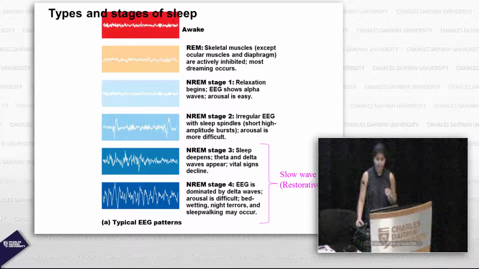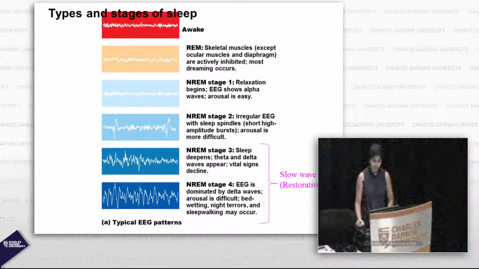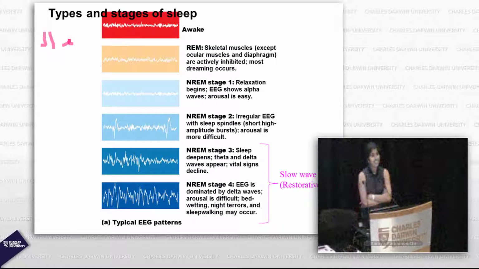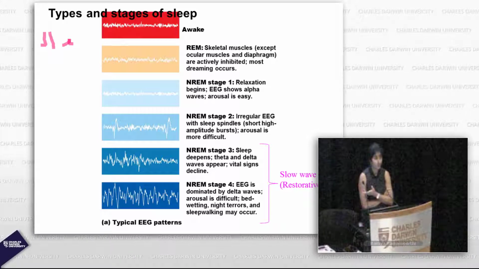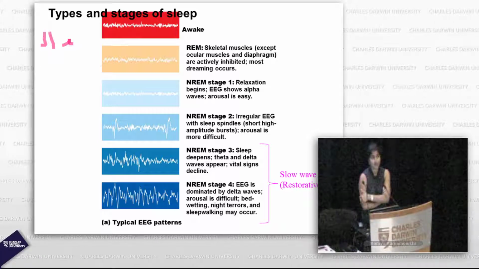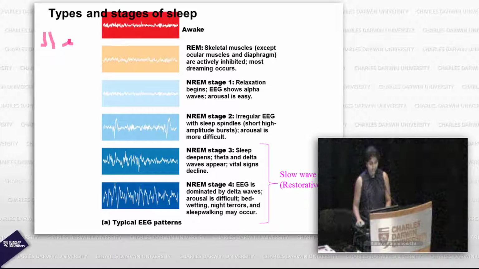Now, sleep. There are different stages of sleep. So what is sleep first? I told you consciousness involves various areas of cortical activity control. If your cortical activity is depressed, then we call that sleep.